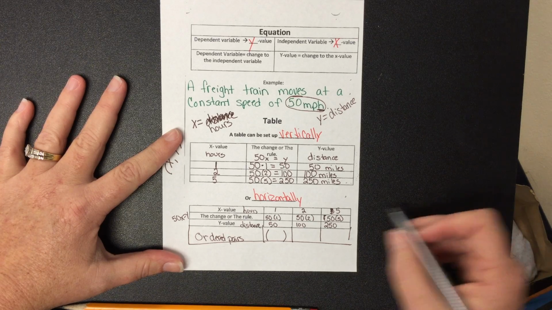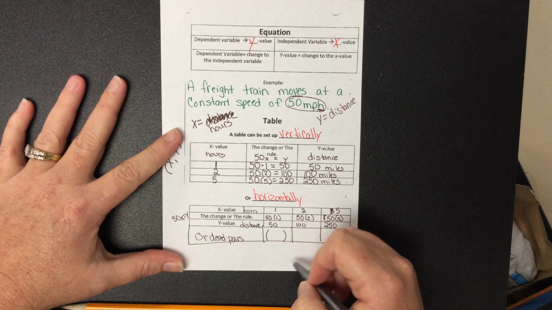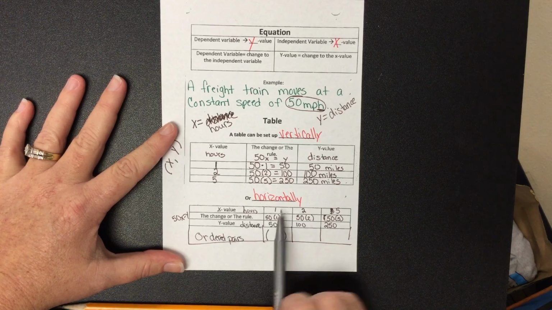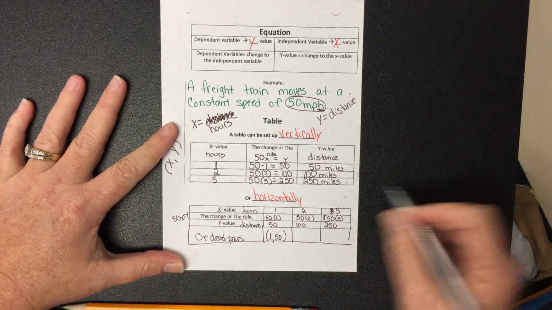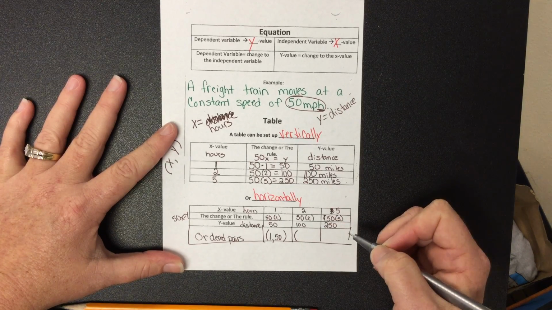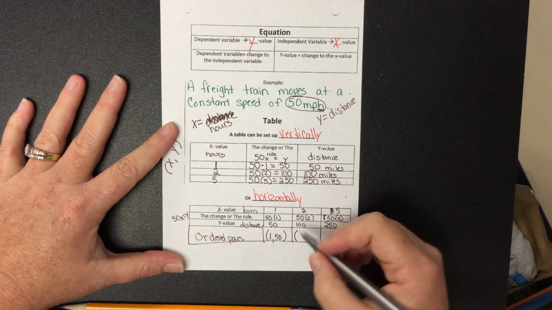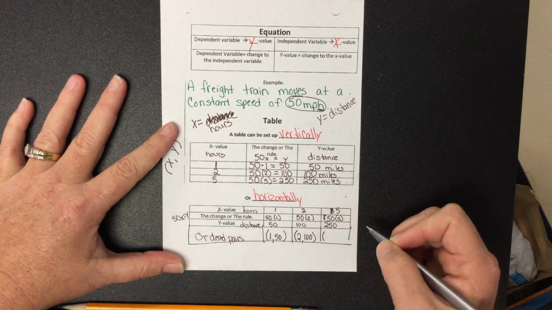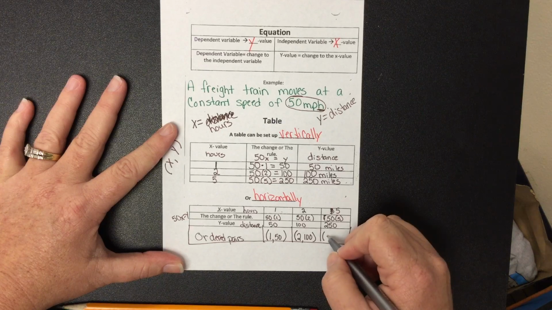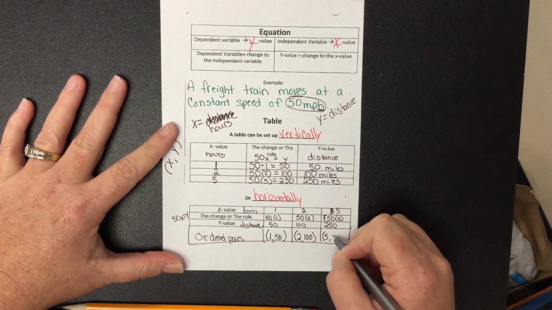Carson? It would be 1 then 50. 1, then 50. This ordered pair would be, Cole? 2, comma, 100. My last one, Tyler? Would be 5 and 250.